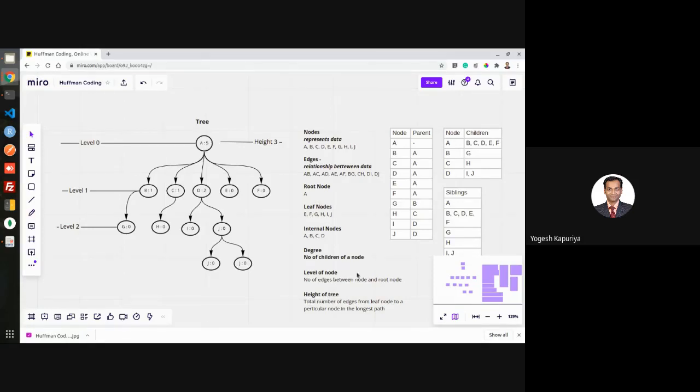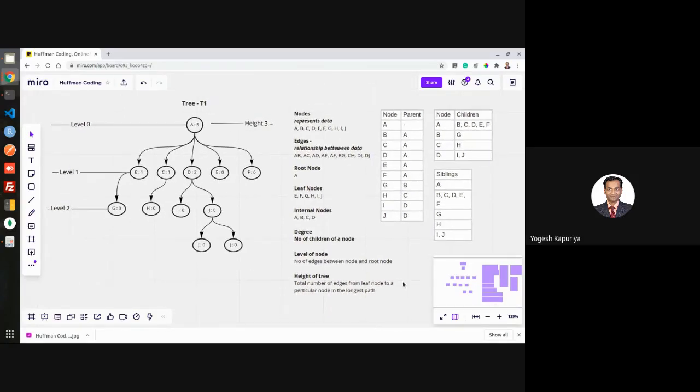The difference is that level is of a node. That means I can say level of node B, or level of node I, or level of node J. But when it comes to height, then height will be of the tree. So if this is my tree T1, then height of T1, right? So that is the difference. Otherwise, level and height, from the understanding perspective, are the same. Now the inverse of height is depth.